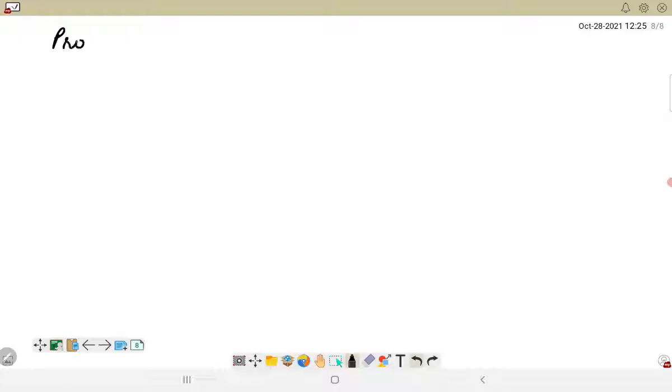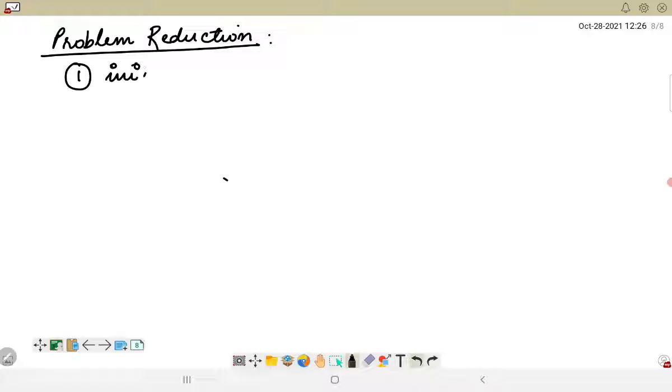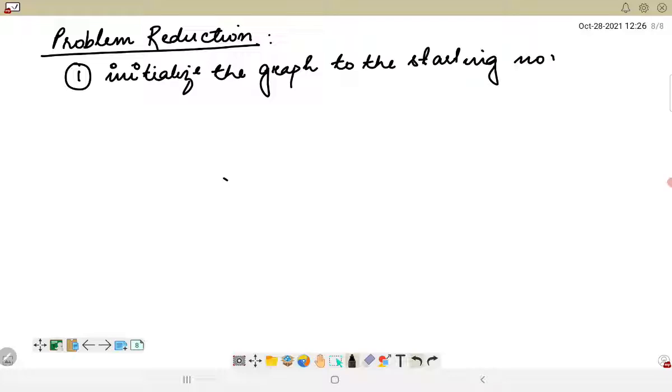So if I'm considering problem reduction, first I will initialize the graph to the starting node. That means I will find out what is the ultimate goal that I have to achieve, and mark it as a starting node.